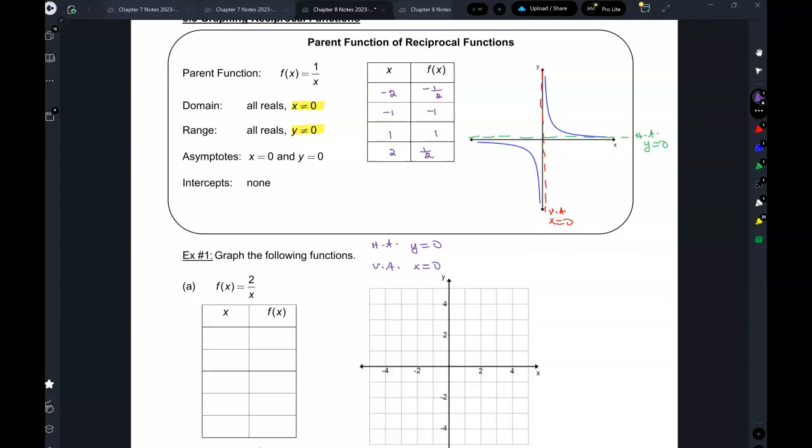And for any of these reciprocal functions, remember how we said for exponential functions there was always a horizontal asymptote, y equals 0. For reciprocal functions, there are two asymptotes, one horizontal, one vertical. Y equals 0, x equals 0.